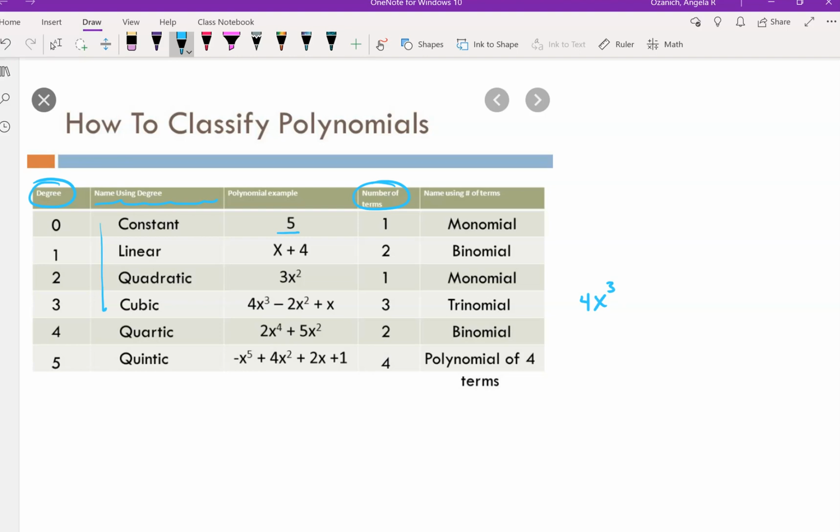This is a cubic trinomial that you see here because these terms are separated by addition and subtraction. This is a quartic binomial, 2 terms, but it's a 4th degree polynomial, so it's a quartic binomial. And we can classify polynomials by both their degree and the number of terms.